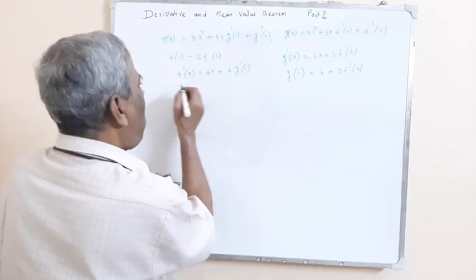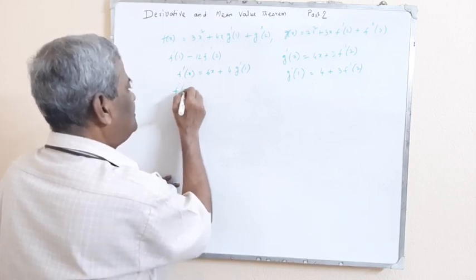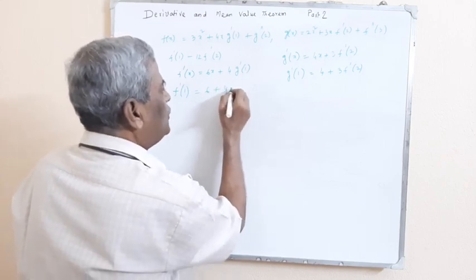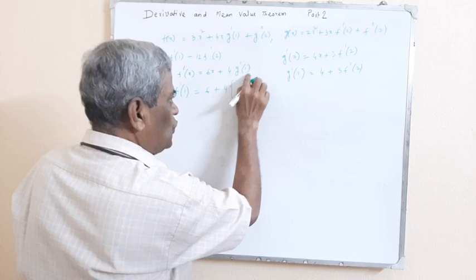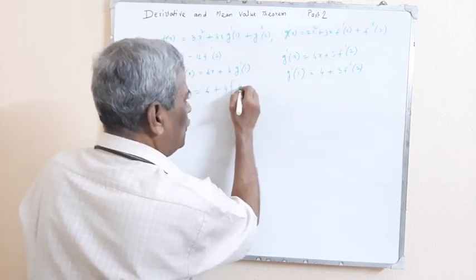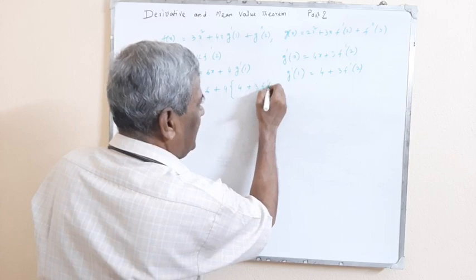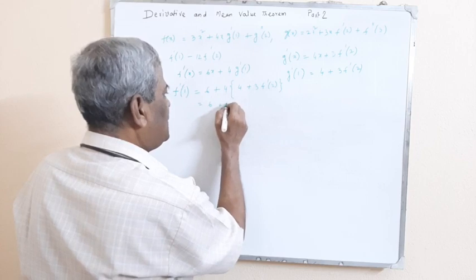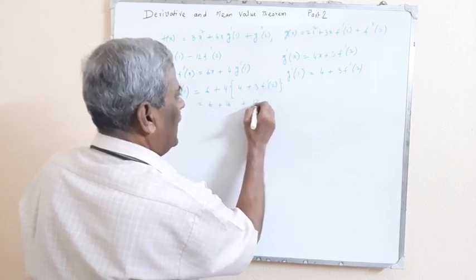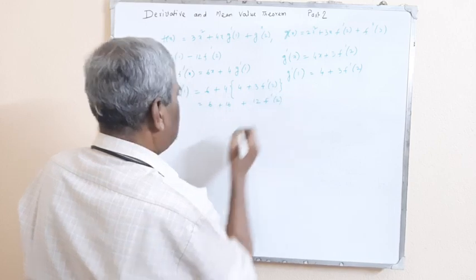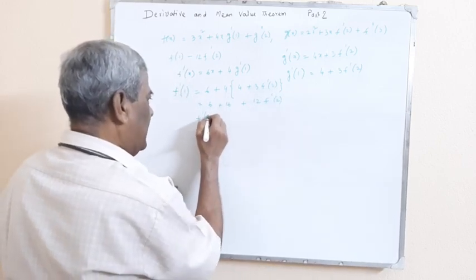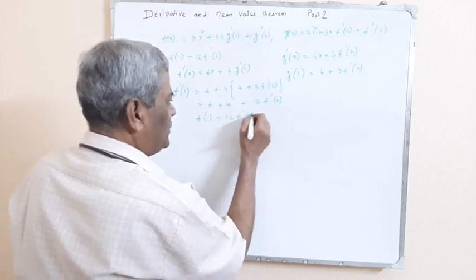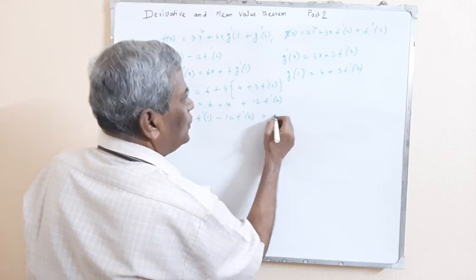So f dash 1 is equal to 6 into 1 plus 4 into g dash 1. g dash 1 is 4 plus 3 into f dash 2. So that is 6 plus 16 plus 12 f dash 2. So that f dash 1 minus 12 f dash 2 is equal to 22.